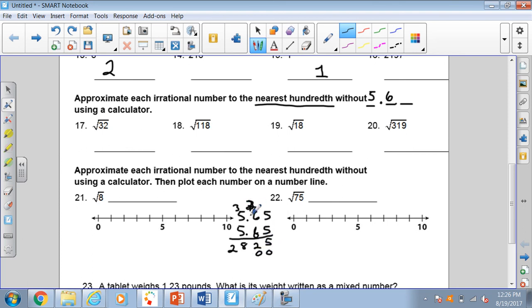Bring up the 3. That's going to be 39. Put the 3 here, 25, 28. Okay, and then of course we do the same thing here, but it's going to be this number, not the one I had before. So we got 2, 8, 2, 5.